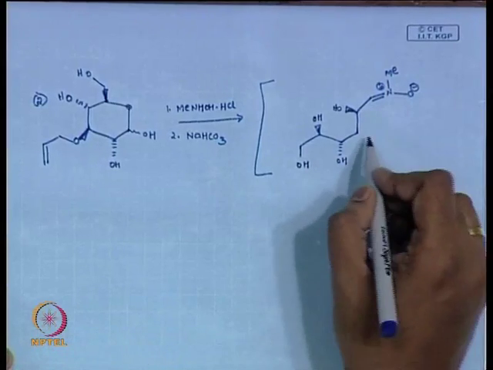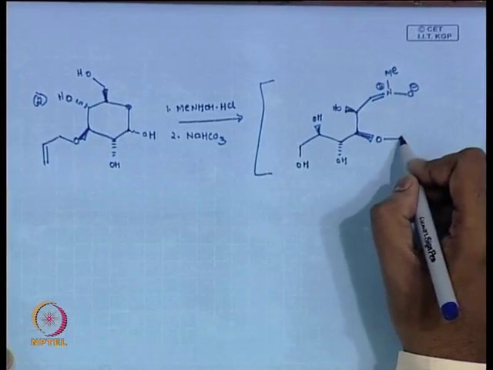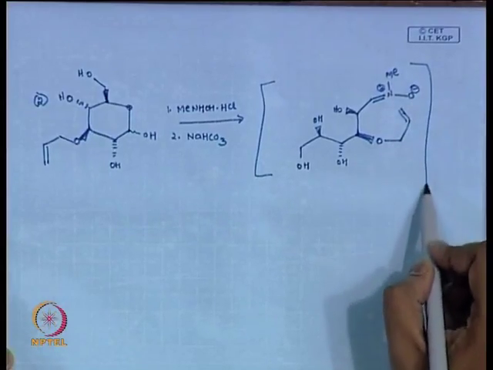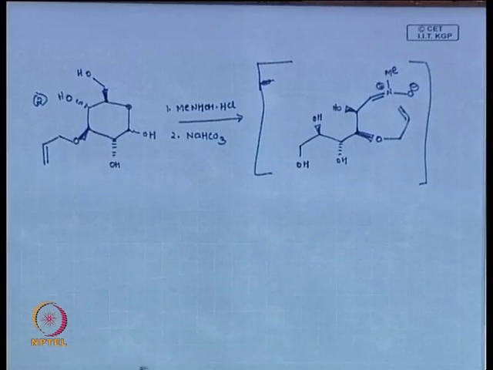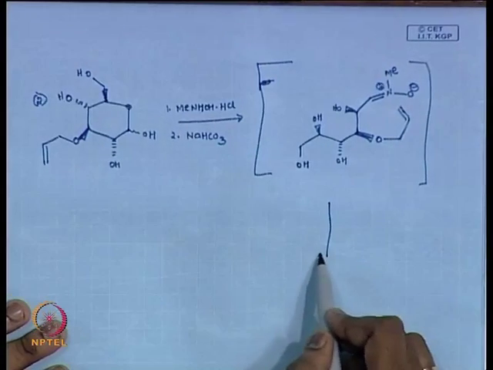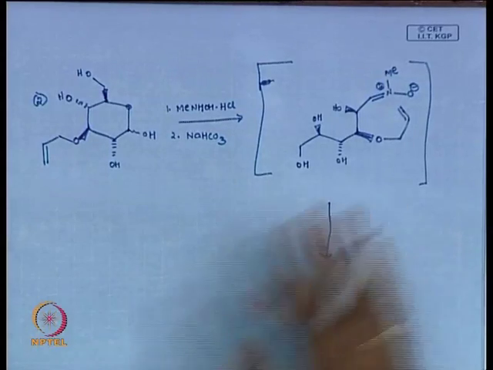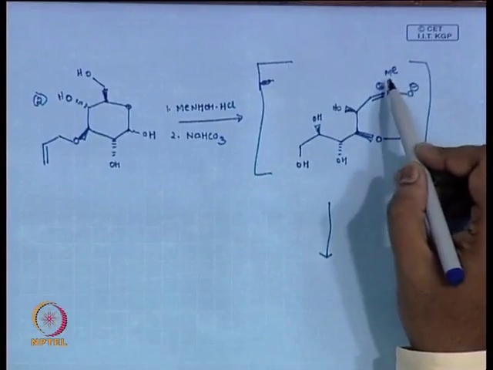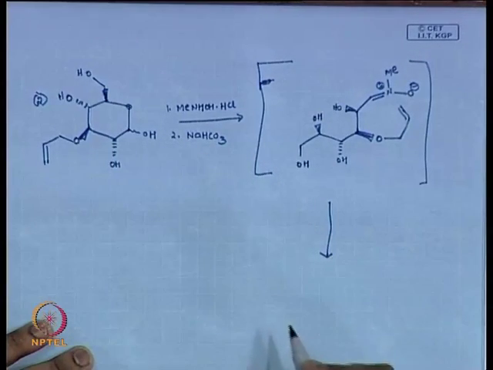O minus. You will get this because you have studied these reactions when you do them with hydroxylamine. So, it breaks down to give you a nice type of intermediate. This can be a very good intramolecular 1,3 dipolar cyclization because you have a nitrone and you have your dipolarophile. So, if it does, then what product do you end up with?